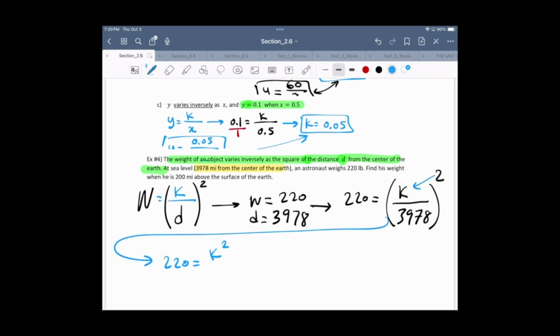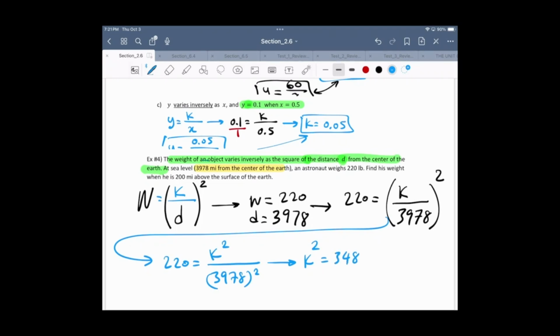Distribute the power into k and that. We can distribute the power because we have division inside the parentheses. So k squared over 3,978 miles squared. Since I'm running out of space here, let me shorten this and say k squared is equal to this very large number.